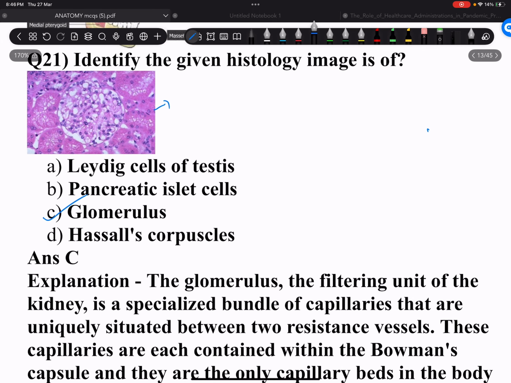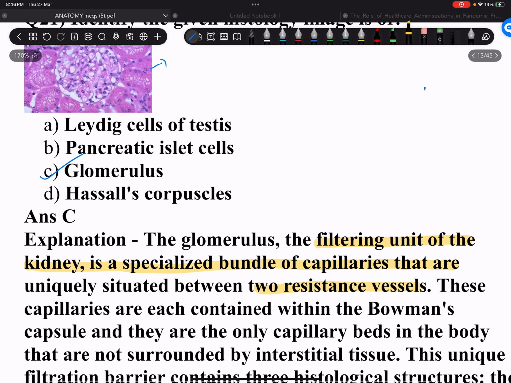What does the glomerulus do? The glomerulus is a filtering unit of the kidney, and it is a specialized bundle of capillaries that are uniquely situated between two resistance vessels. Now these capillaries are contained within the Bowman's capsule.